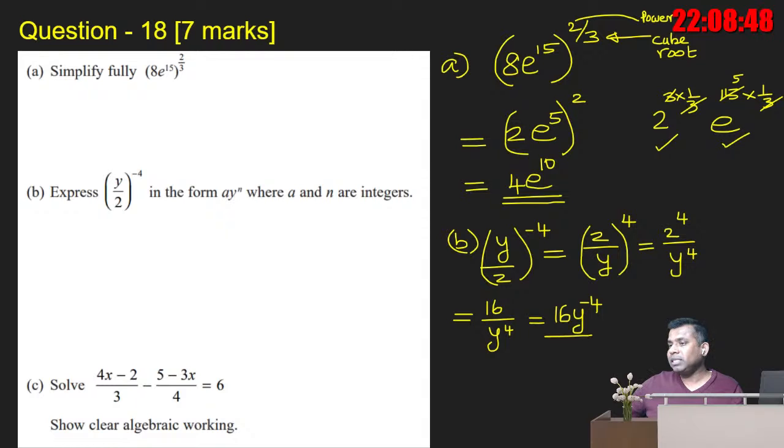So this is the format they're asking, a y to the power n format. If you want, you can write a as 16 and n as minus 4. You don't need to, because they didn't ask what a and n are, but you can leave it in the a y to the power n format, right?